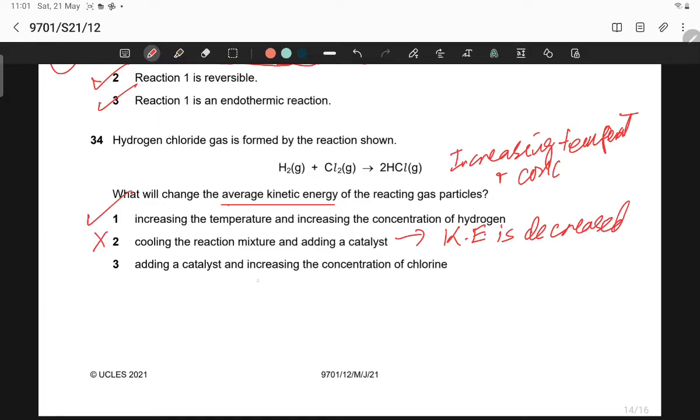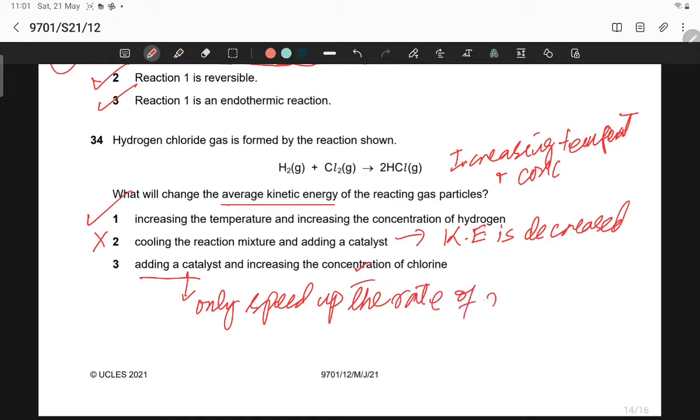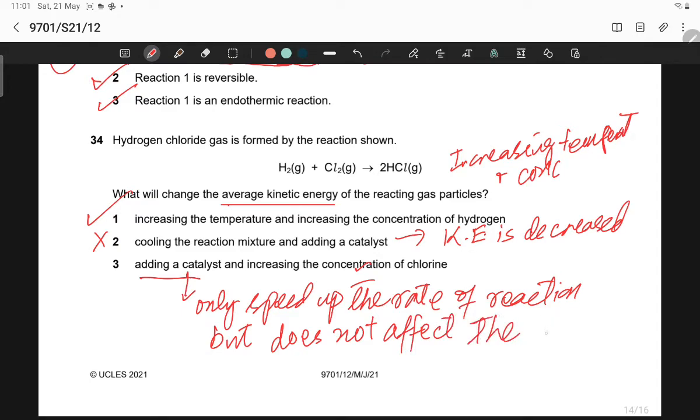And adding a catalyst and increasing concentration, but adding a catalyst only speeds up the rate of reaction but does not affect the average kinetic energy.